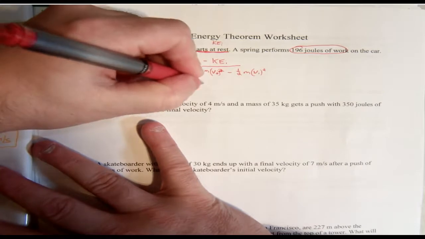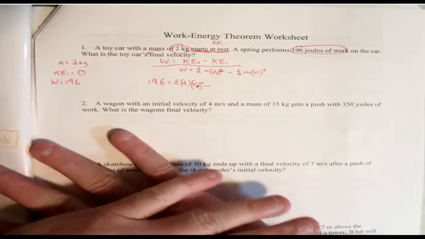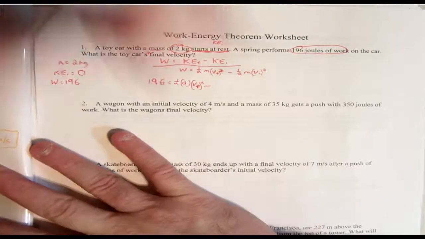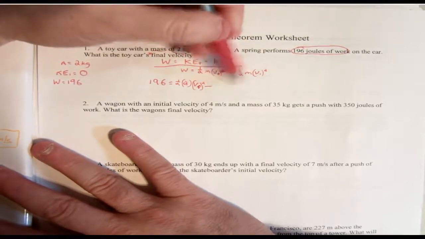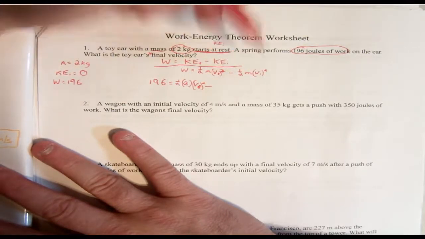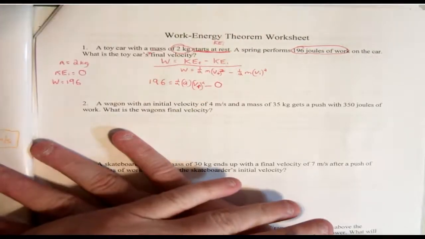What's our final velocity squared? Minus our initial kinetic energy. Well, remember, it started at rest, so you can put 0 for your initial velocity, and then it ends up being 0. Or we can just start it at 0 right now. I'm just going to start it at 0 because that's the easy way.